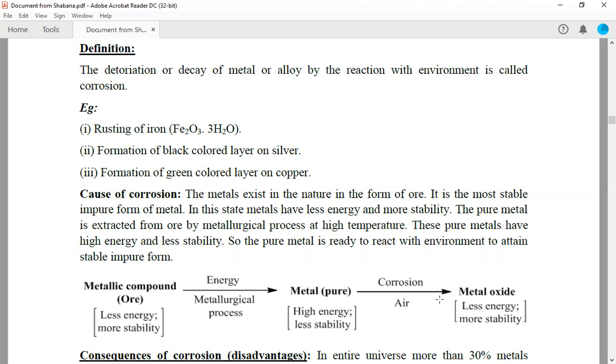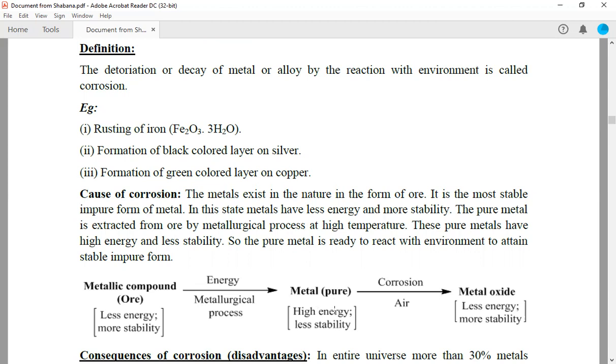As a result of corrosion, loss of metal takes place, and the process of corrosion is the reverse of metal extraction, as shown in the figure. In the pure form, the metal possesses engineering properties like malleability, ductility, and electrical conductivity.